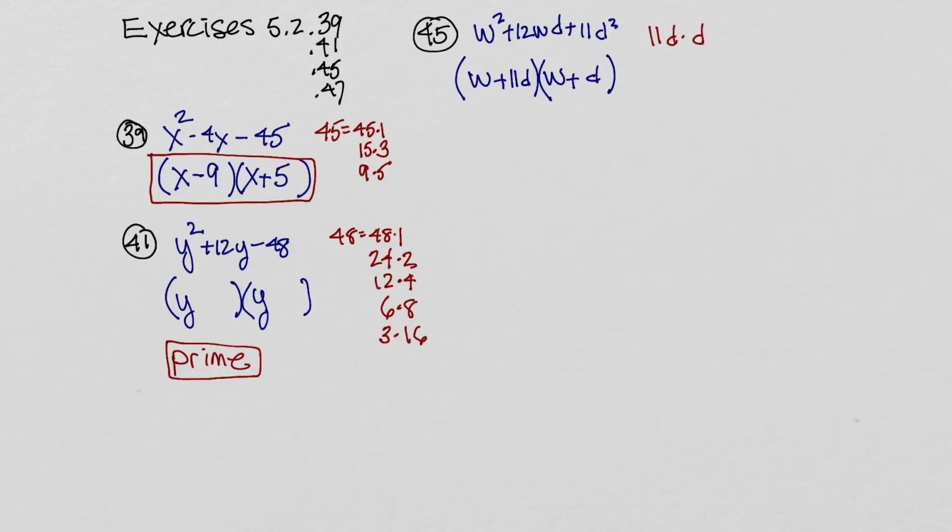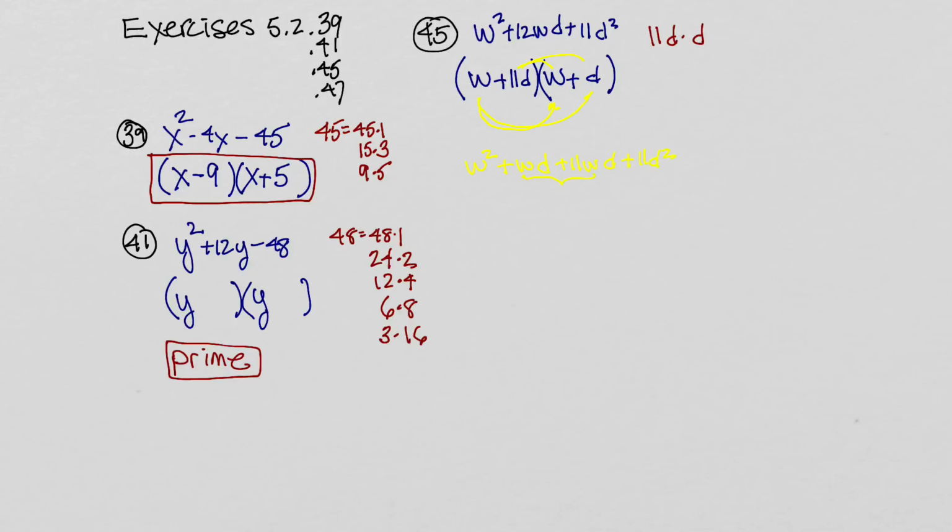And let's just run a quick check on this. We'll get w times w, there's a w squared. The outer product gives us plus, right? Positive w times positive d is plus wd. The inner product here, positive 11d times positive w is plus 11wd, and the last gives us plus 11d squared.